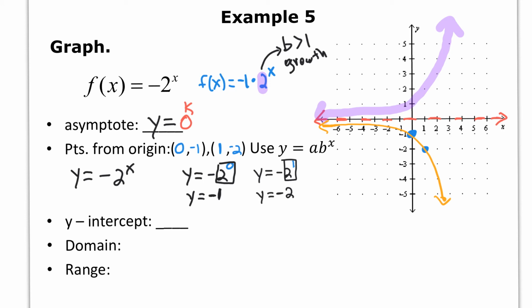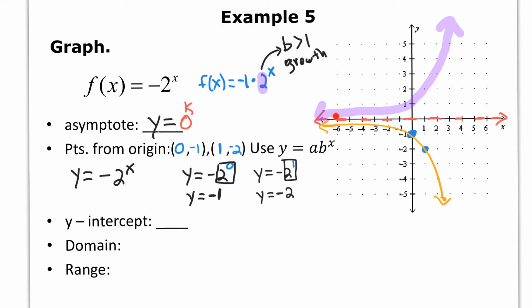Now, notice that I say down. It's not exponential decay because the parent function, if you do not have a negative, is actually exponential growth. What this tells you is that you have a reflection across the x-axis. So it is exponential growth because the base is more than 1, it's 2, but it's a reflection over the x-axis, or you can say across the x-axis.